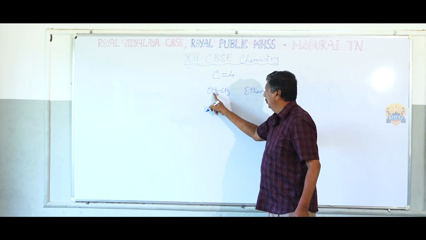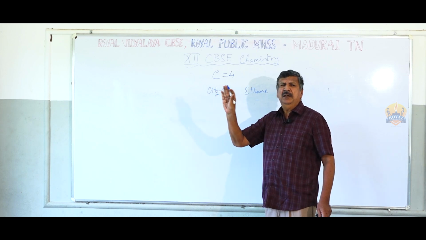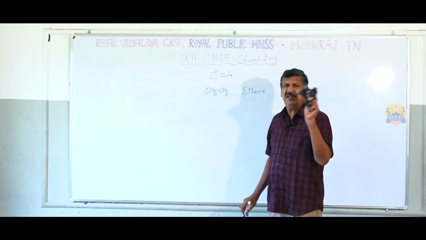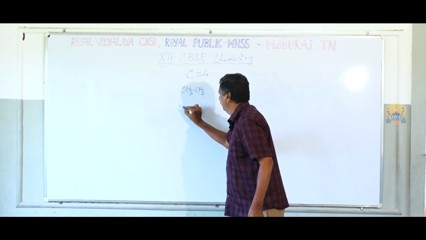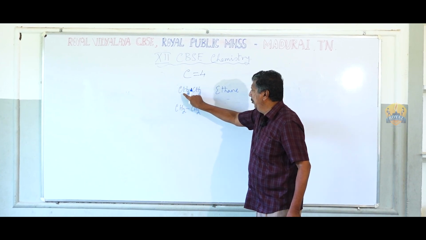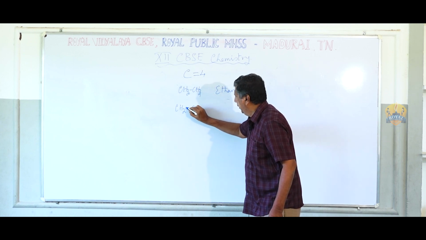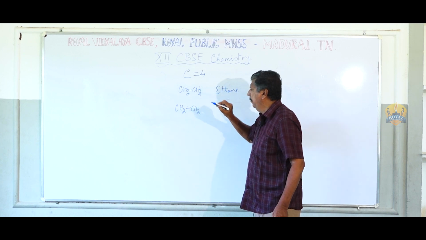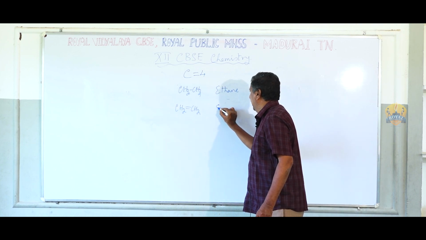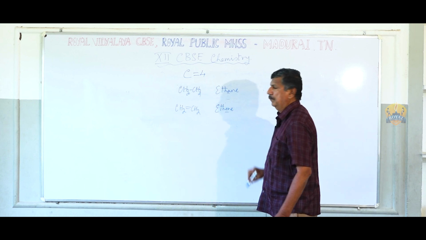You remove 2 hydrogen from the adjacent carbon, like this. When you remove any 2 groups from the adjacent carbon, automatically a double bond will be introduced. This we call as ethene with an E.